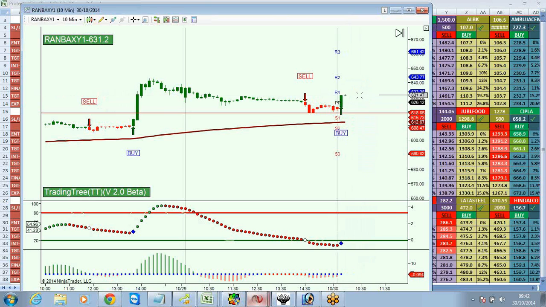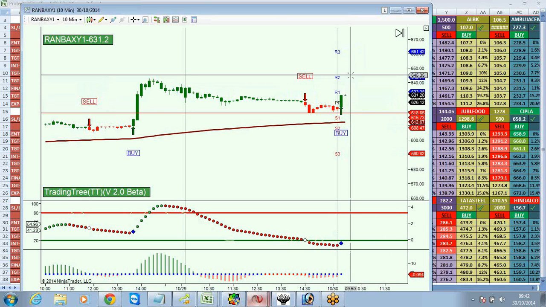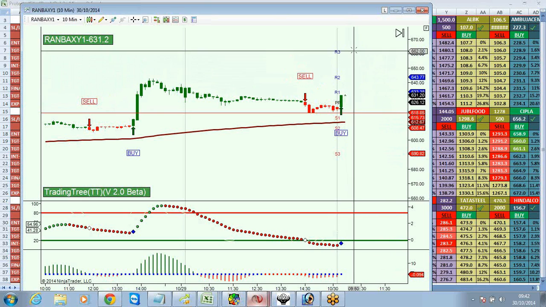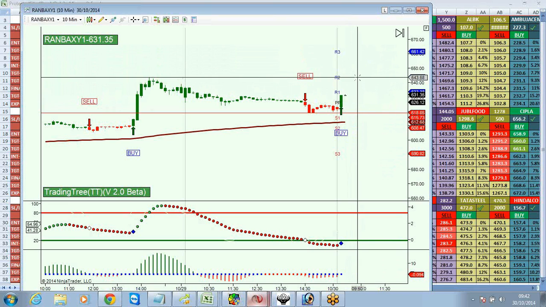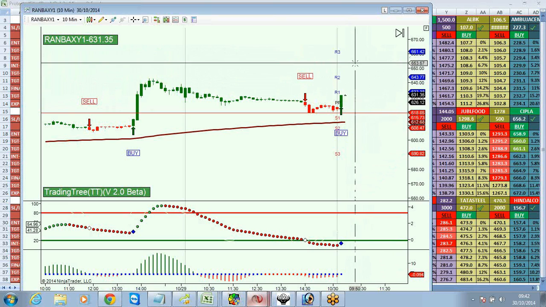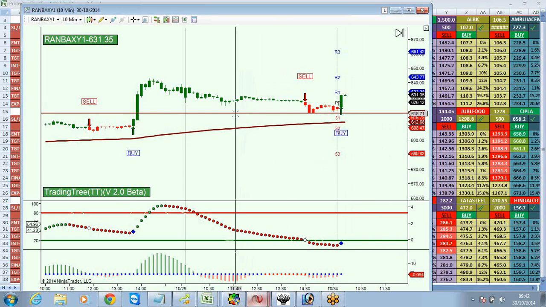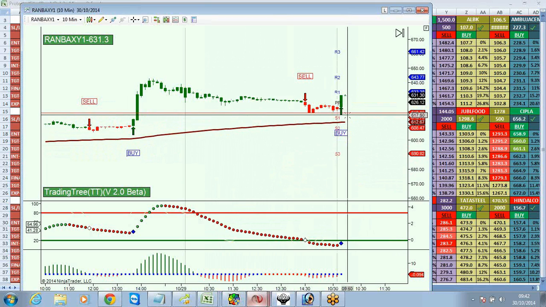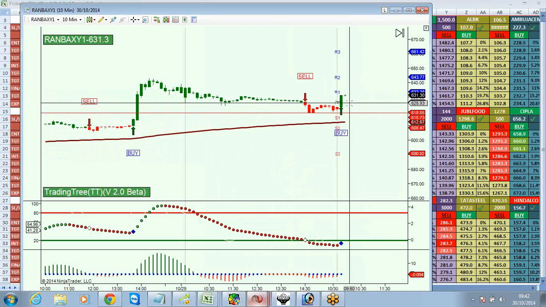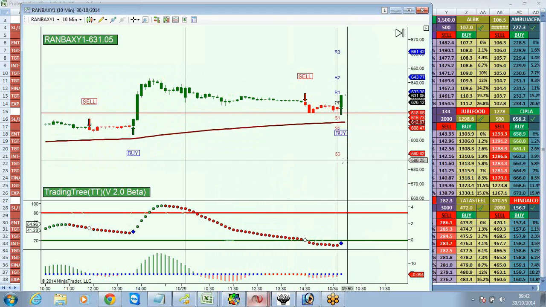You just place the call. Once it gets triggered, your first target will be 643, and your second target will be 661. The red horizontal line you are seeing here is a trailing stop loss line, which you can keep trailing once a script moves up or down.